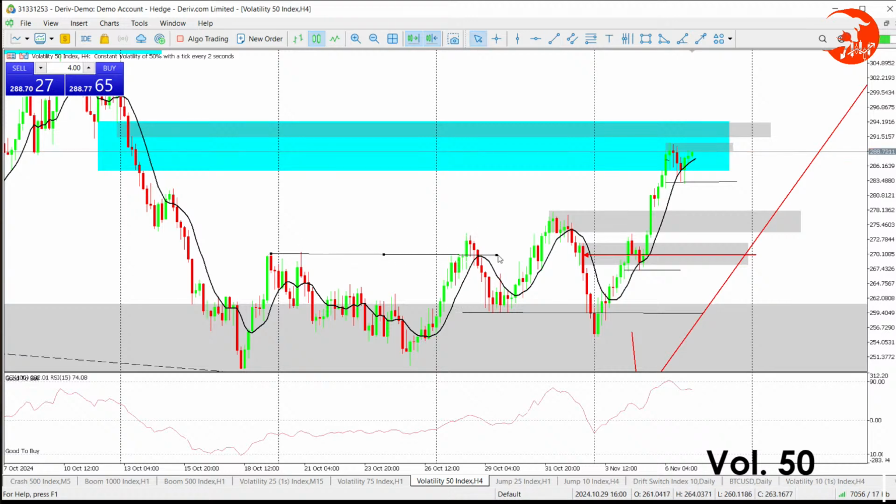This was a break of structure there, so we created a high, came, we tested it, created a new higher low. Then we went here, we created a new higher high, went here, created a low that went below there. It was a fake breakout, and went right here, we broke structure. It has given us a new higher high up there.